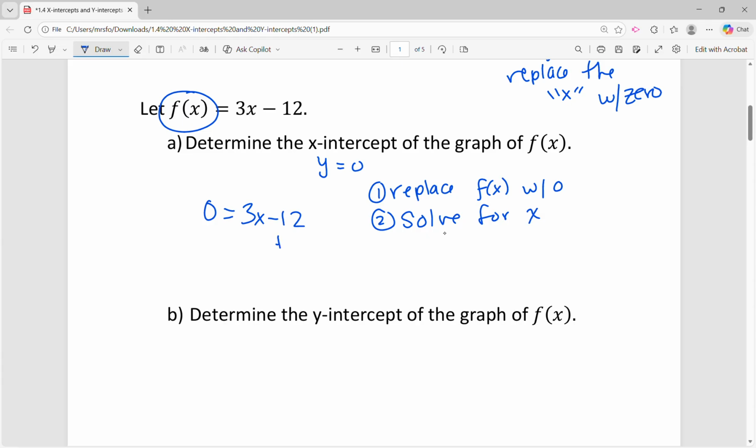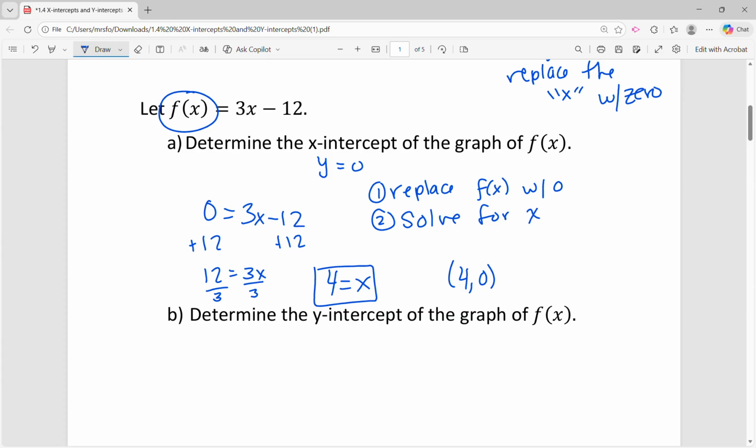So when we solve, we add 12. That's 12 equals 3x. So divide both sides by 3 to get rid of the 3. 4 equals x. So what that means is if we have a graph, it's going to cross the x-axis at (4, 0).